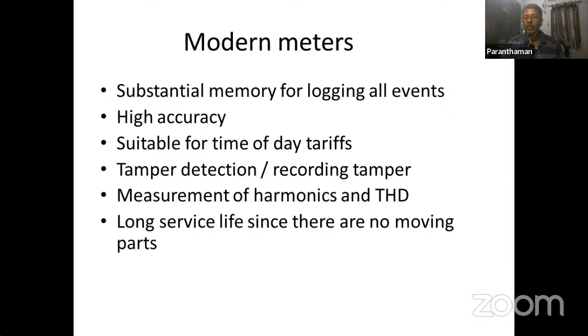If both moving part and non-moving part are made with very good quality, then we can compare. The meter with moving parts will have less life than the meter with no moving parts.